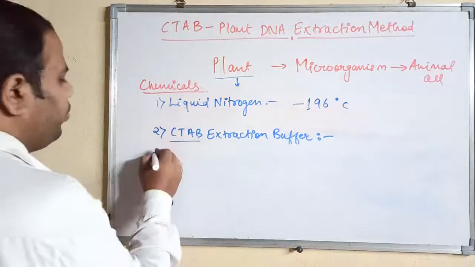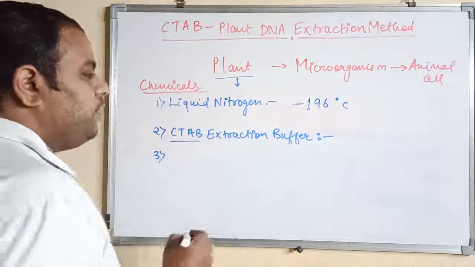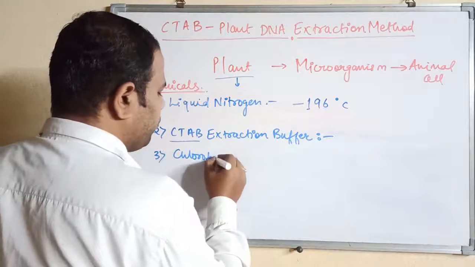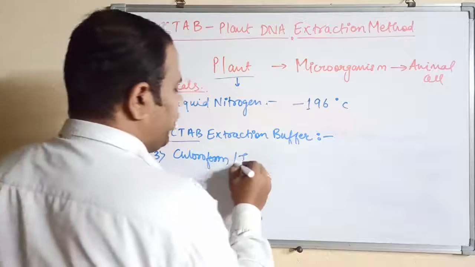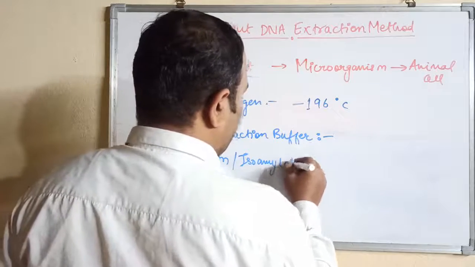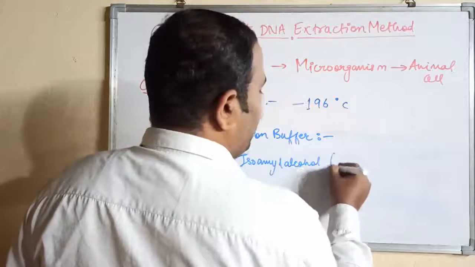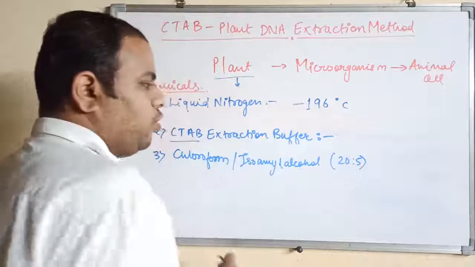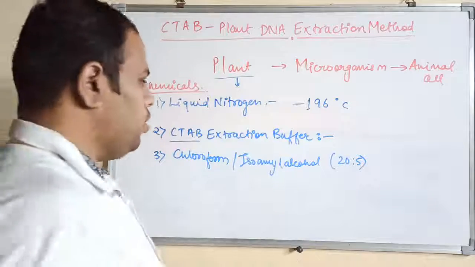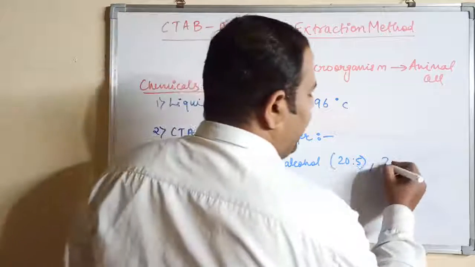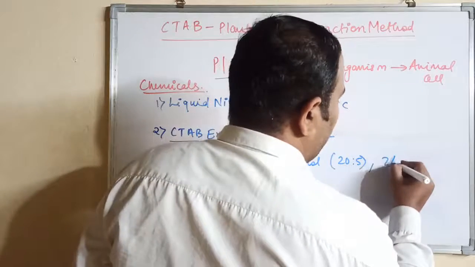The next component that is used here is the mixture of chloroform and isoamyl alcohol. Generally the ratio that you take here is 20:5, 20 for chloroform and 5 for isoamyl alcohol, or you can take the ratio as 24:1 also.